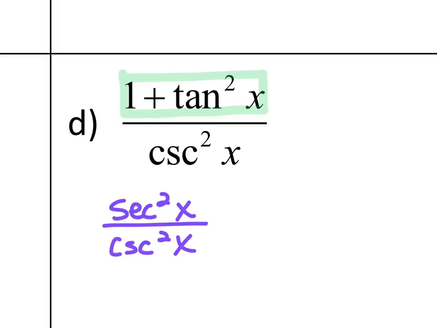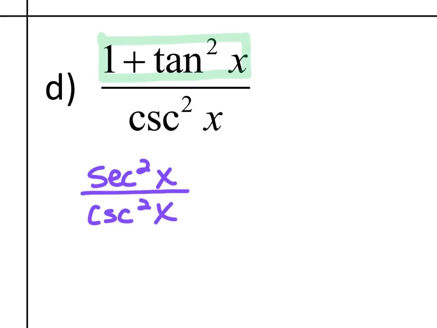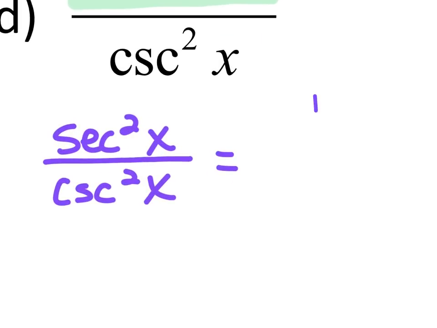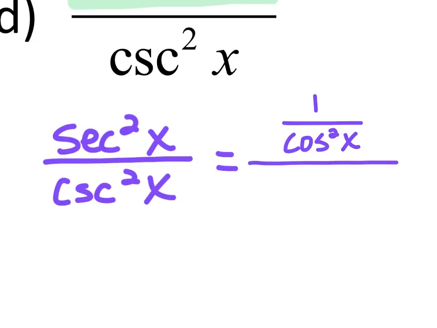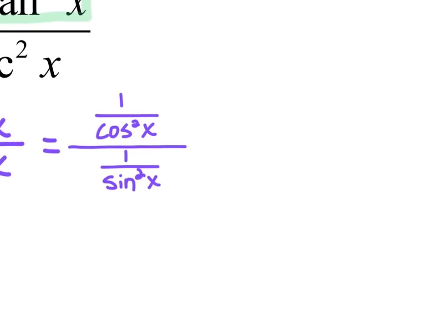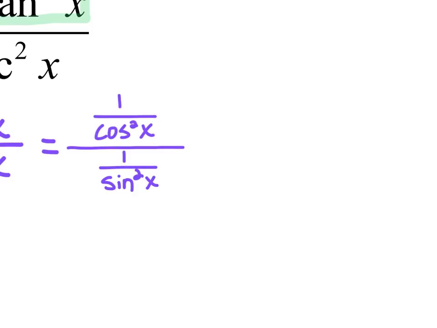Now, I need to find a way to get rid of my denominator. I'm not sure how to do that, so maybe I'll try changing everything to sine and cosine. And secant is 1 over cosine, so secant squared is 1 over cosine squared. Cosecant is 1 over sine, and so cosecant squared is 1 over sine squared. And I can change that division to a multiplication.